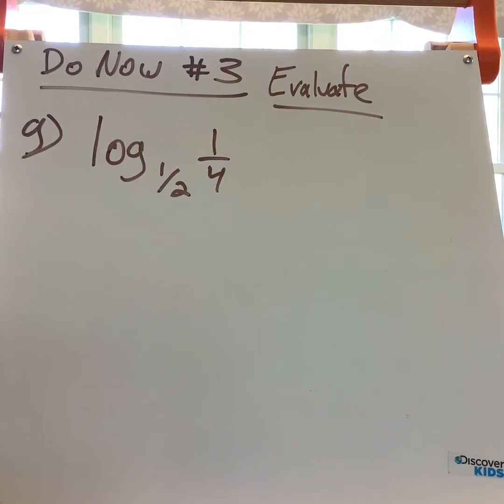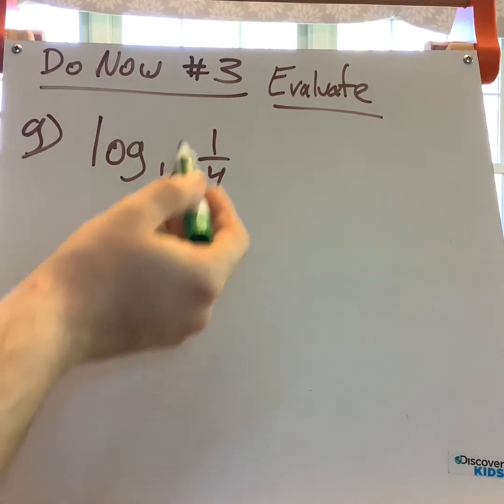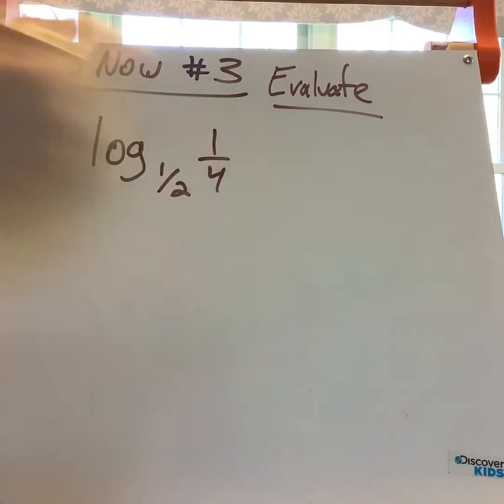All right, for G, we have log base 1/2 of 1/4 is equal to x. Just because this one has fractions in it does not automatically mean we're going to have a negative exponent. We automatically have a negative exponent when it's a whole number as a base and a fraction as what's called the argument.